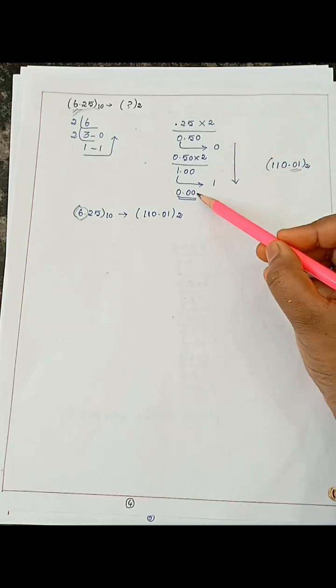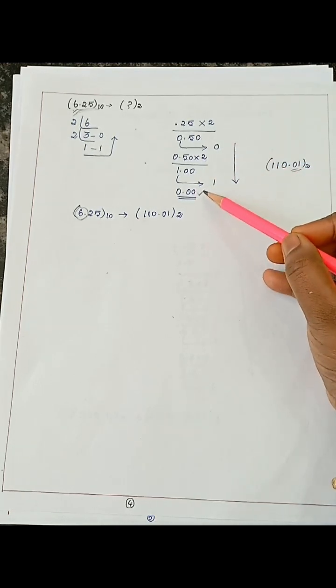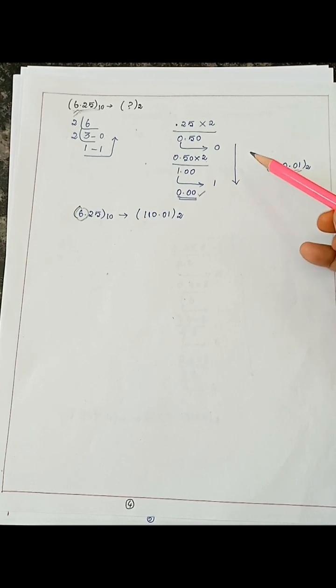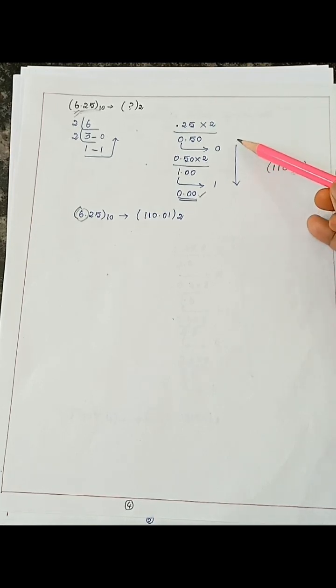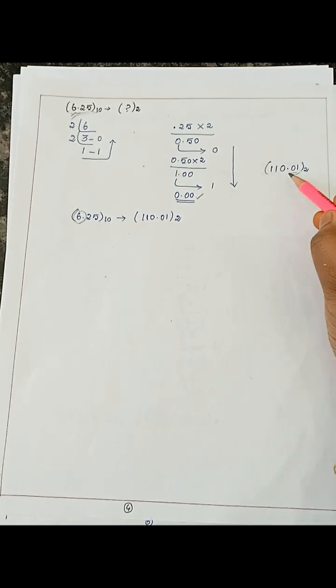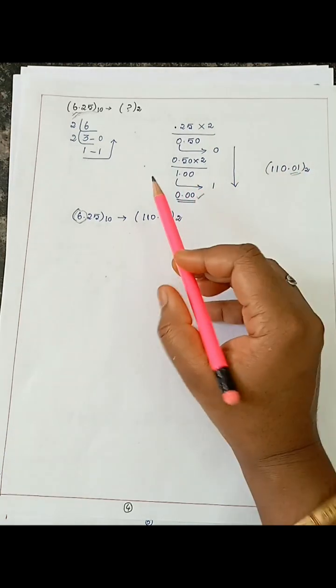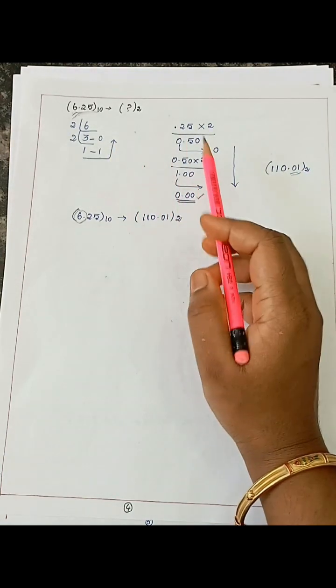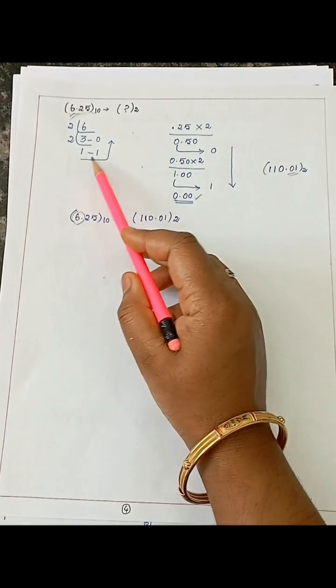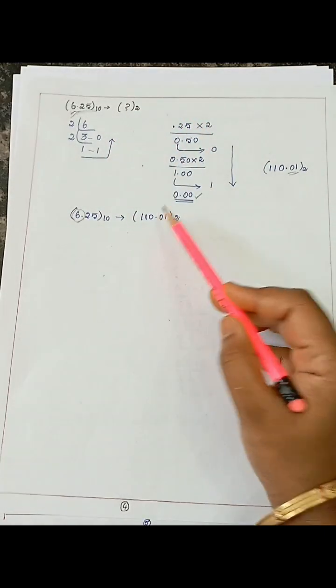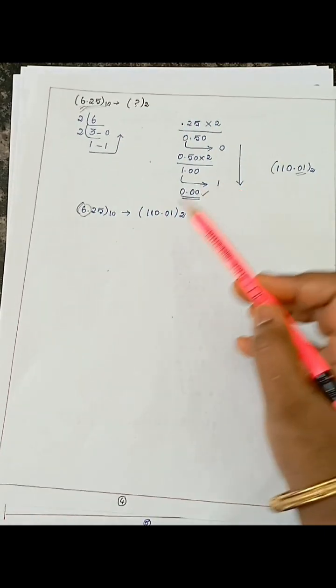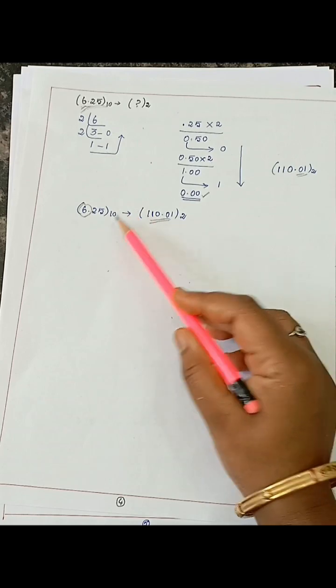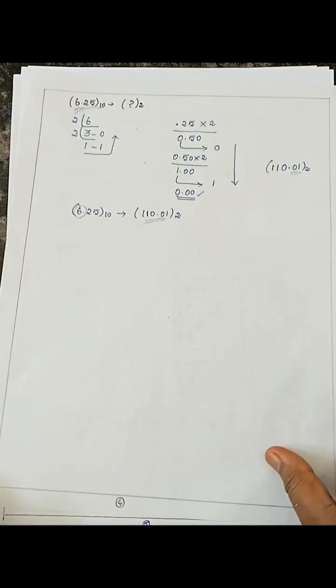So the last one is 0.00. For the fractional part, you take the result from top to bottom, that is 0.01. So you consolidate the whole and fractional parts, that is 110.01. So this will be the result for this particular decimal number.